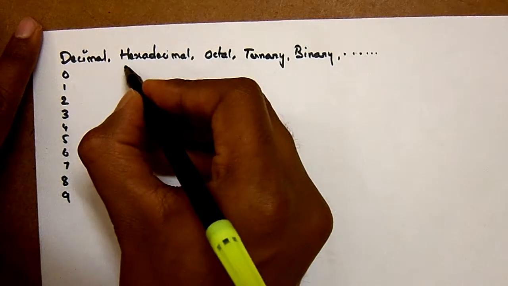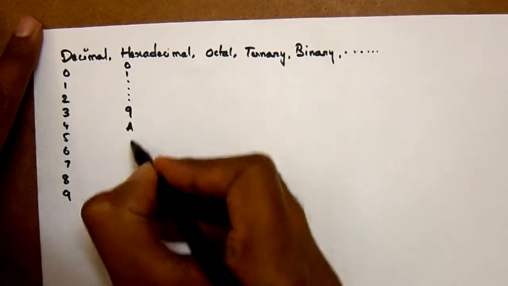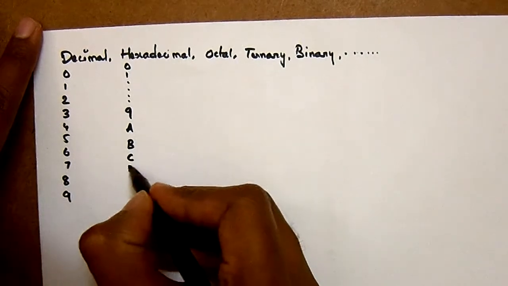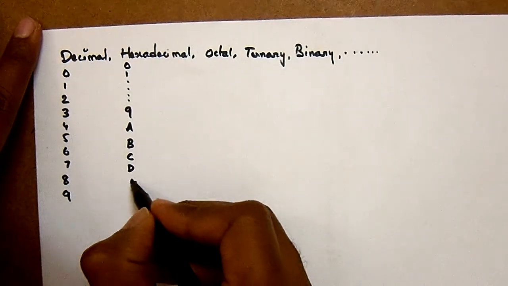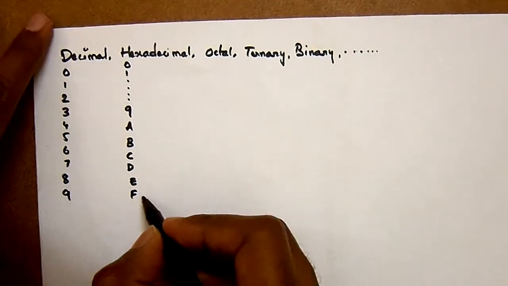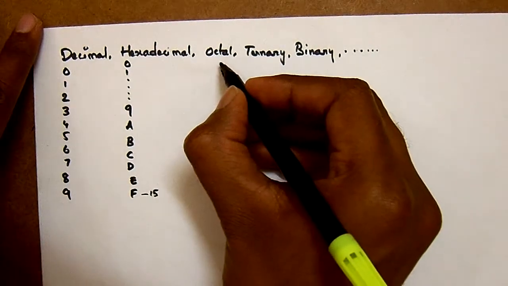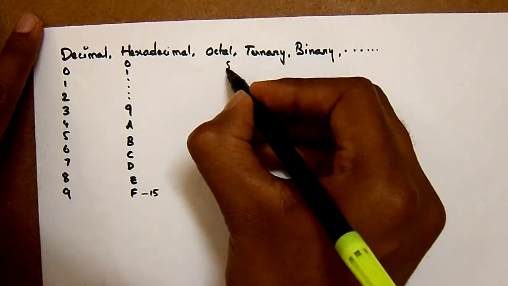In hexadecimal we use 0, 1, 2 and so on to 9, and then we use A, B, C, D, E and F. So F actually represents 15, and in octal number system it is only 8.